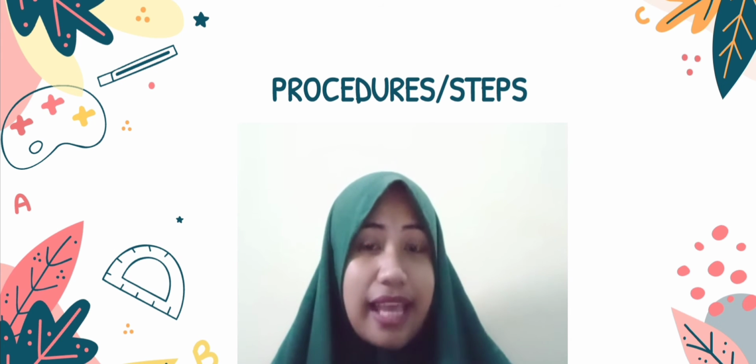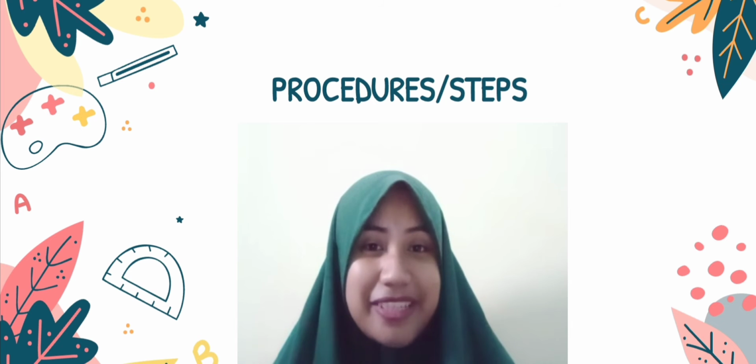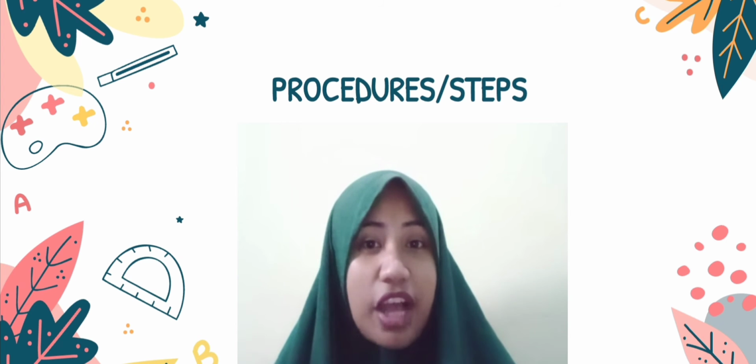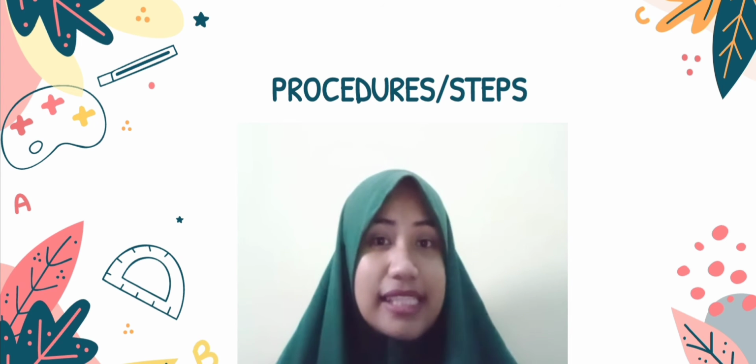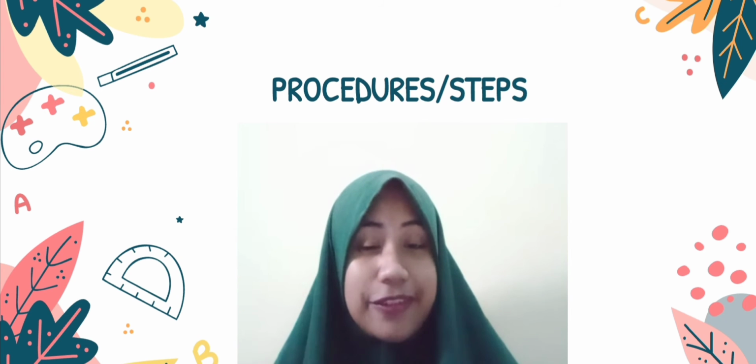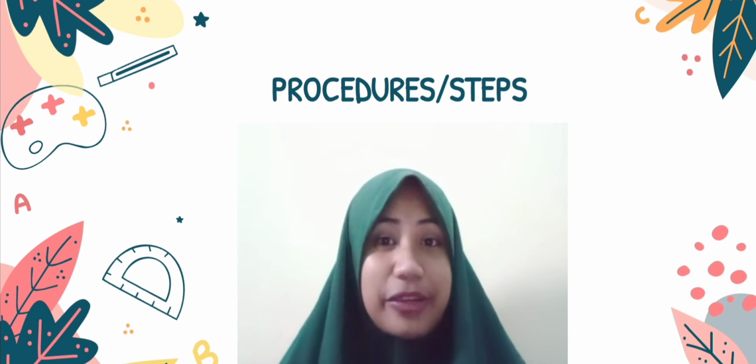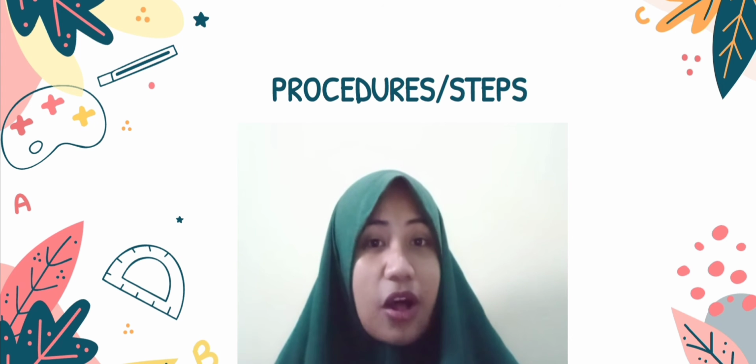For the next meeting, the student teacher is one of the groups in the class chosen randomly. So all groups of students in the class must be ready, not only group 1 or group 2.